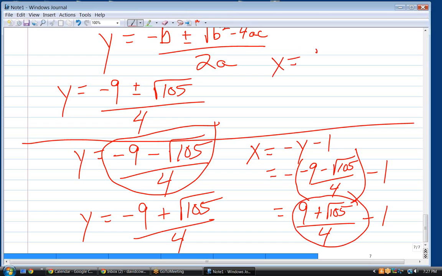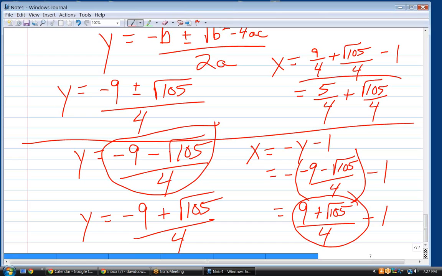In other words, x is going to be 9/4 plus root 105 over 4 minus 1, which is useful because now I can combine the minus 1 with the plus 9/4 and I get 5/4 plus root 105 over 4. So that is the x value that goes with this y answer. So there's one solution.